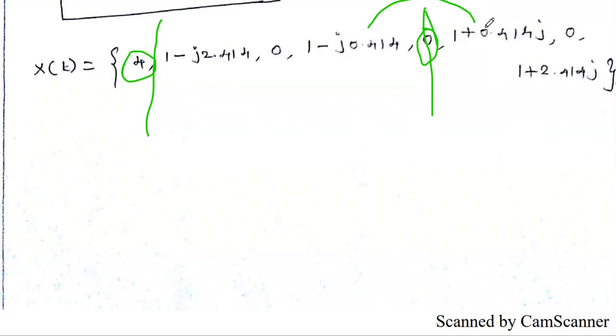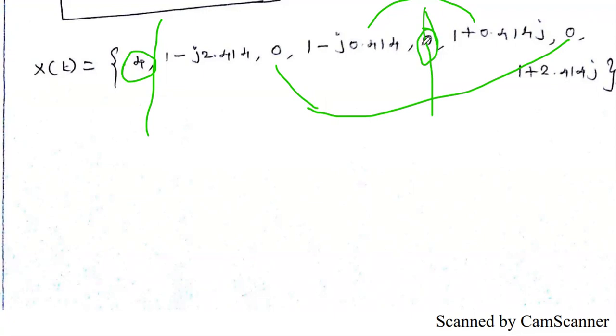So the answer is correct. Similarly, from the center you see the second sample. What is the second sample? 0. And similarly on the other side, the next second sample is 0. These two values are complex conjugates. What is the complex conjugate of 0? 0 only. It's correct.